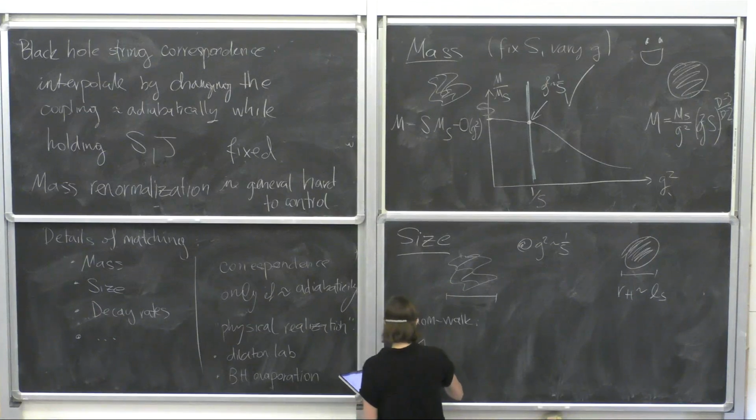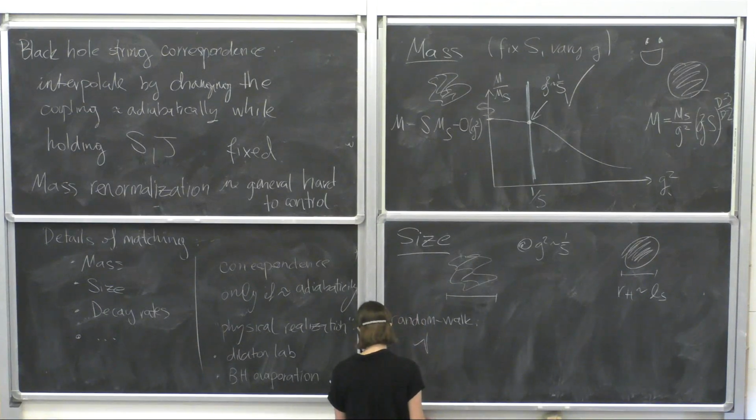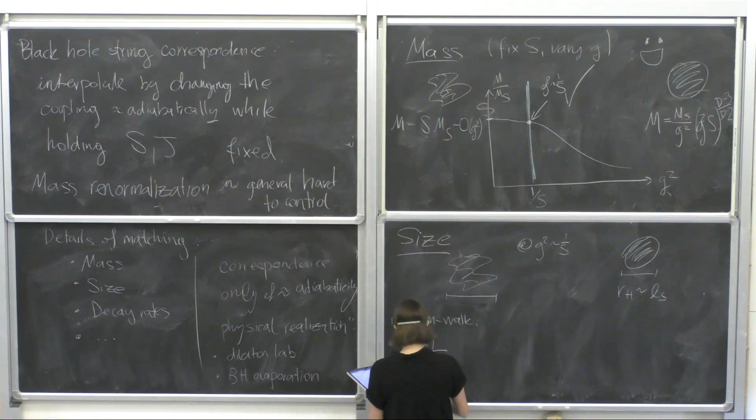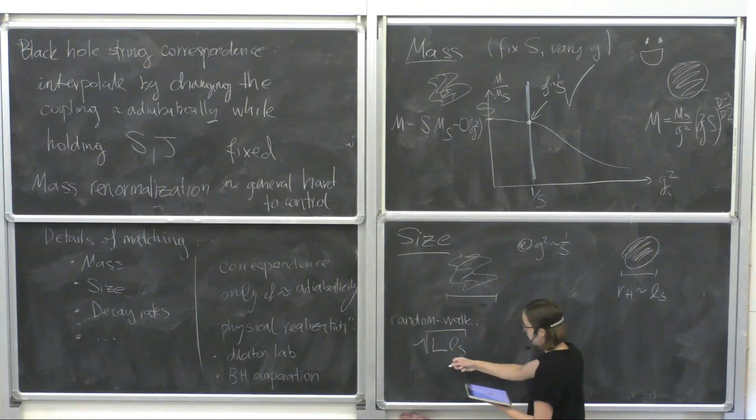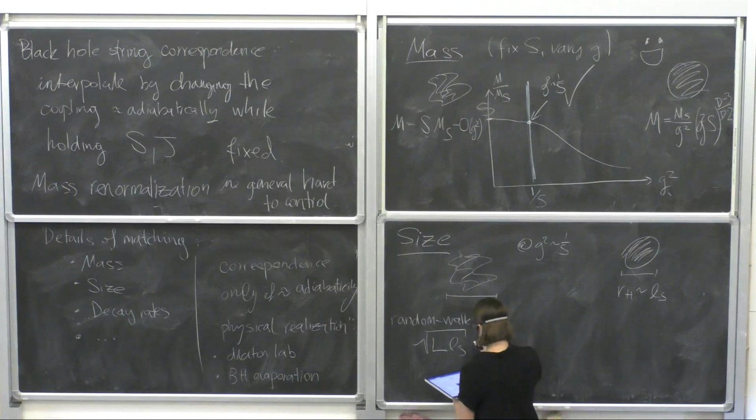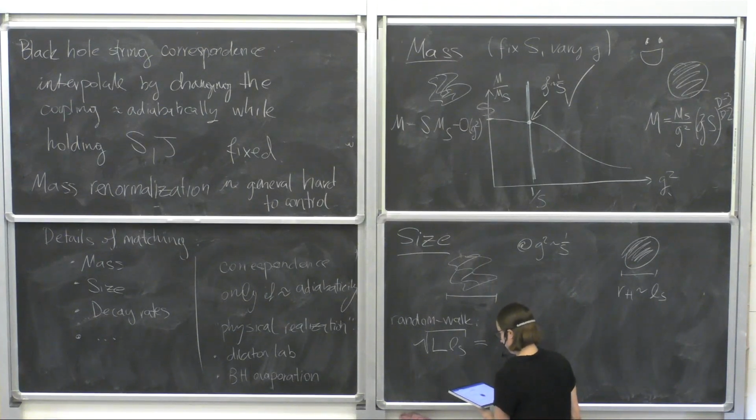And as you might know from your undergraduate physics course, there's a random walk length, and the size of the system is given by the square root of that length in string lengths. And that is given by the square root of the entropy.